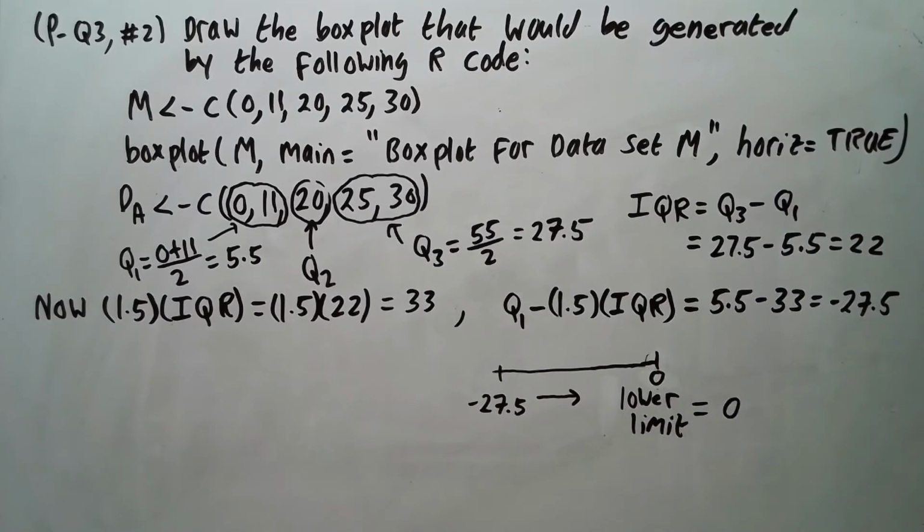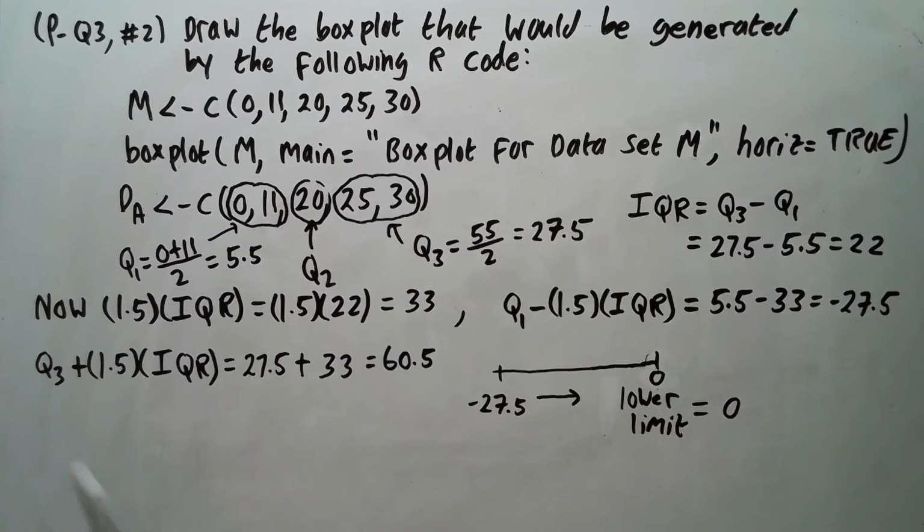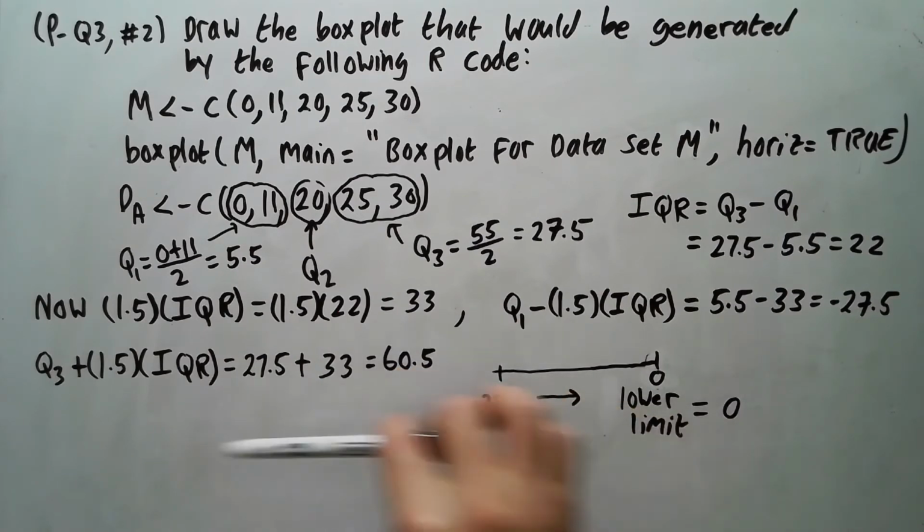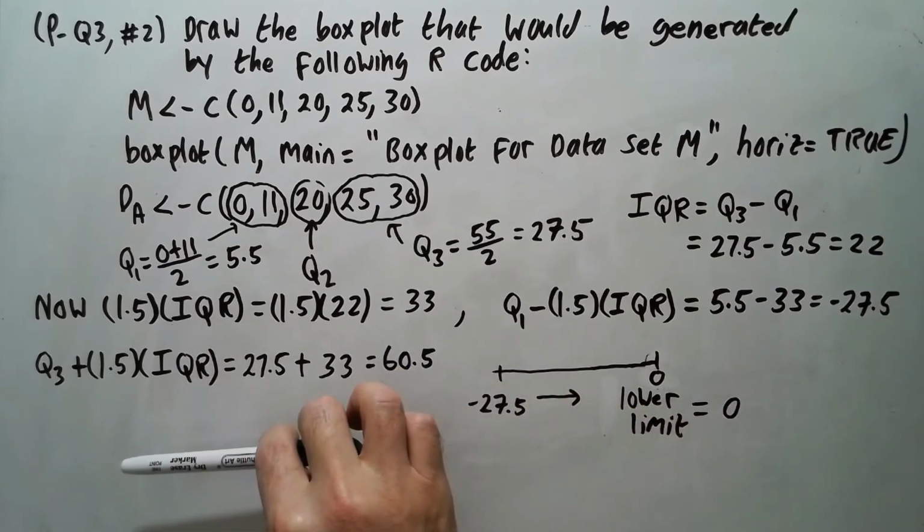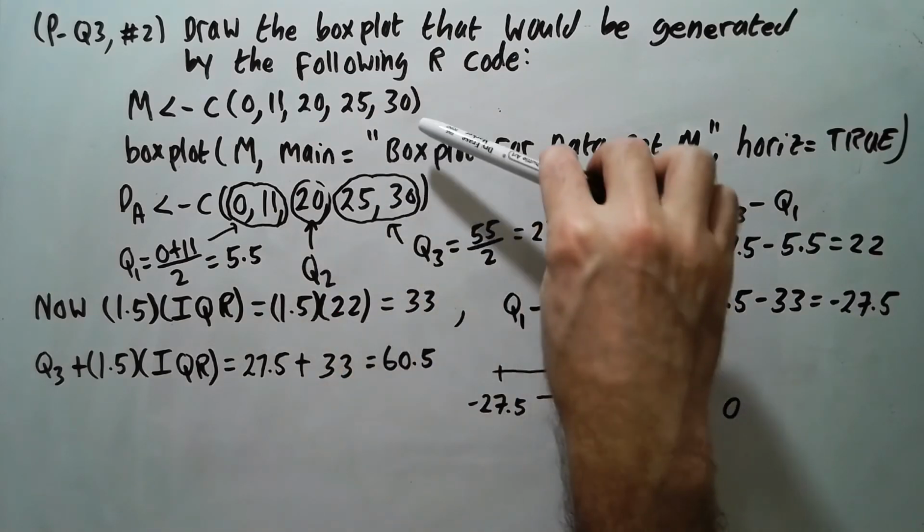Okay, next let's compute Q3 plus 1.5 IQR. Let me do that right here. So looking at Q3 plus 1.5 IQR. So Q3 is 27.5. Our 1.5 IQR is 33. So I'll be adding those, so it'll be 60.5. And now to find the upper limit, we're going to move from this number down on the number line this way, and it's going to be the first data value in our vector that we hit.